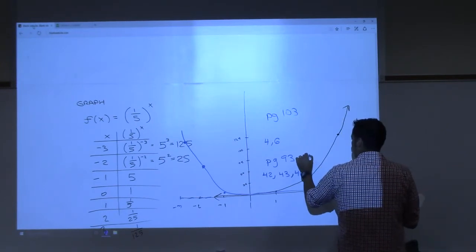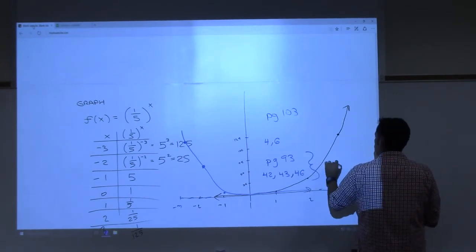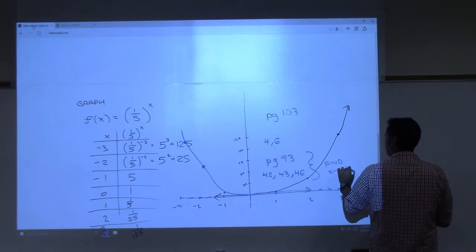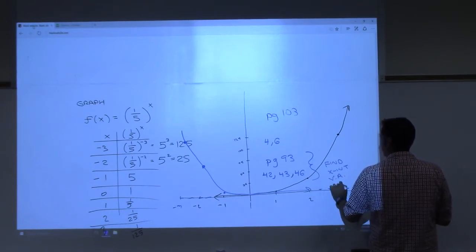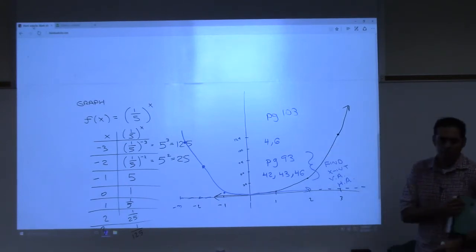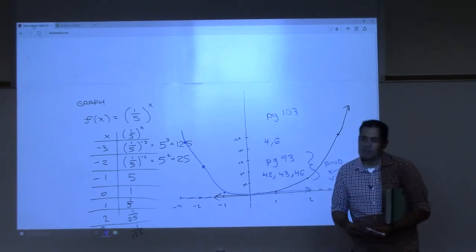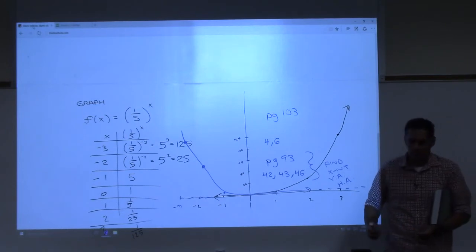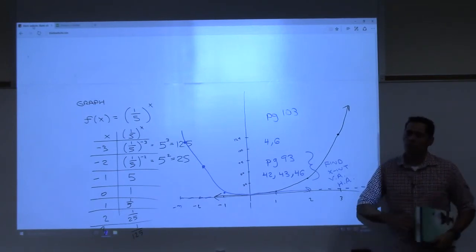And for those right there, find x-intercept, vertical asymptote, horizontal asymptote. I want this homework turned in next week, beginning of class. All right?